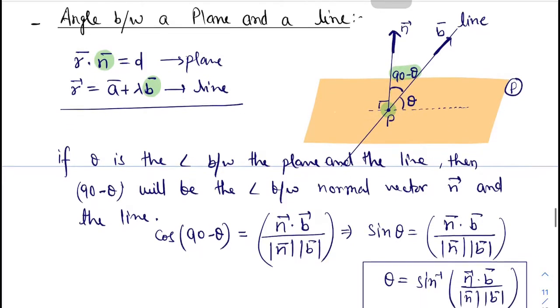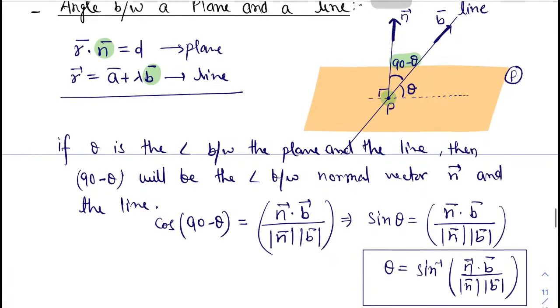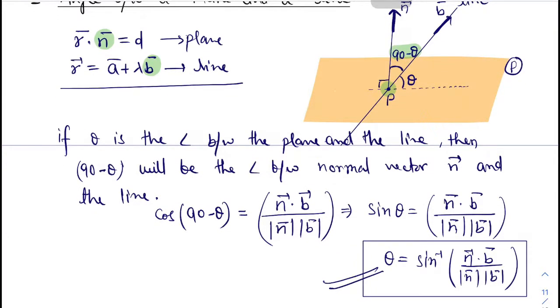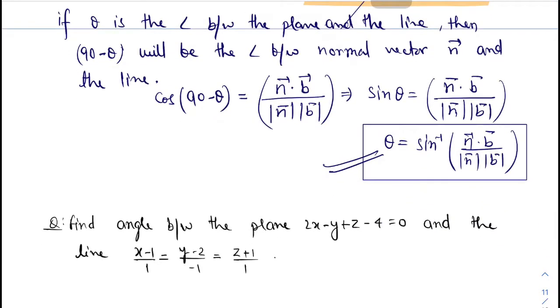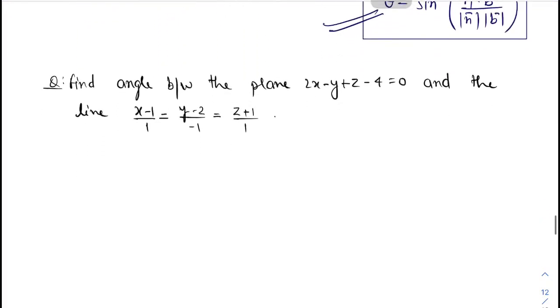So if you get 90 minus theta, you can easily get the value of theta. Or you can remember this formula: consider this normal vector and parallel vector, and in the place of cos inverse you can easily write sin inverse.